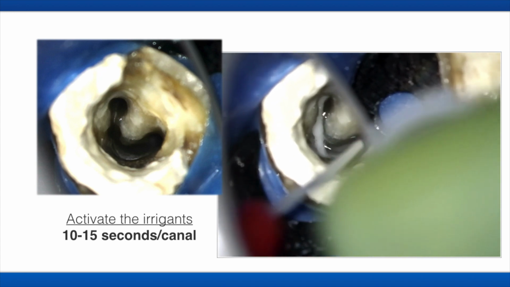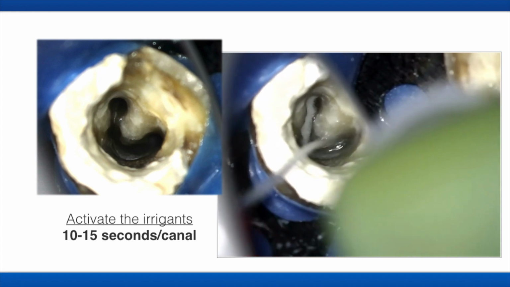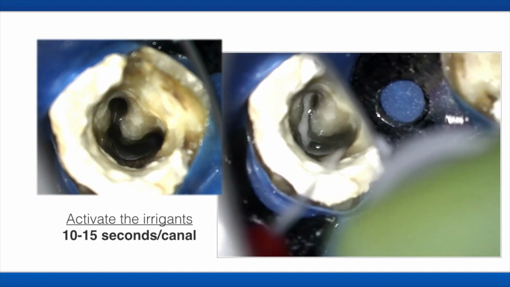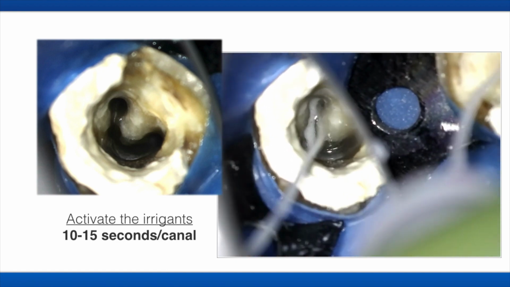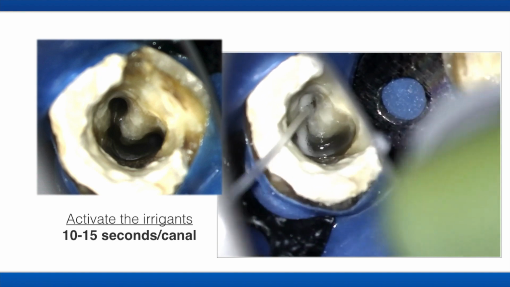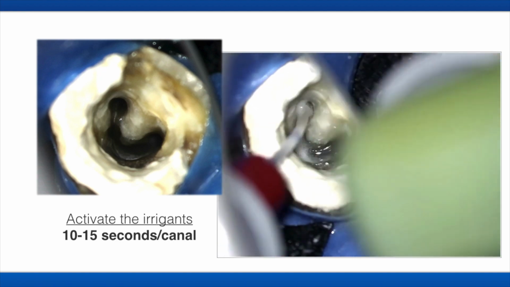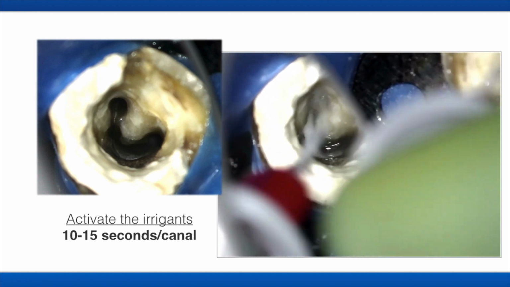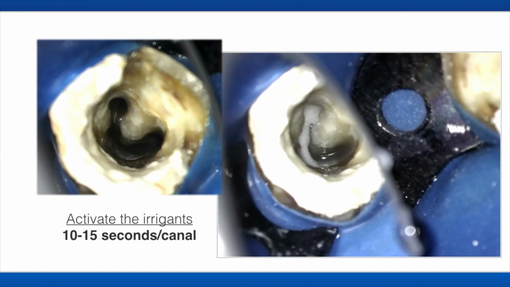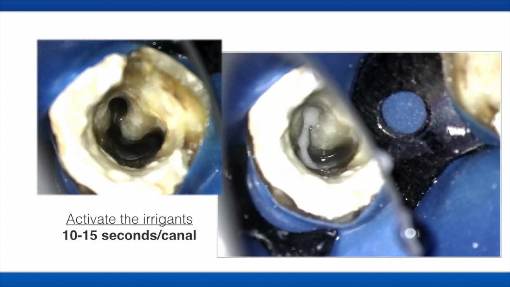This is a polyamide tip. The polymer tip doesn't break easily, so I agitate my sodium hypochlorite. I use a full strength sodium hypochlorite and agitate it into the canal. The picture there shows the cleanliness of the canal after my irrigation and disinfection, and once I've dried the canals.